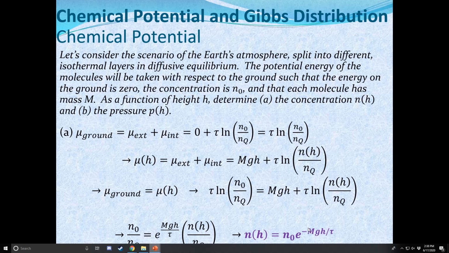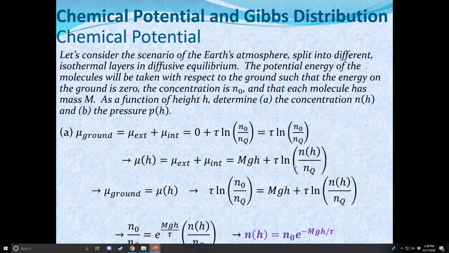Now, I do want to point out one thing. Even if a question doesn't ask you to solve in algebraic terms, which for the most part it really should, I don't really see a whole lot of questions that don't ask for it, it's always good to write in variable terms. One thing that you'll start to notice is that there is going to be a pattern in this setup, because for the most part the ground state should almost always have an external potential of 0.